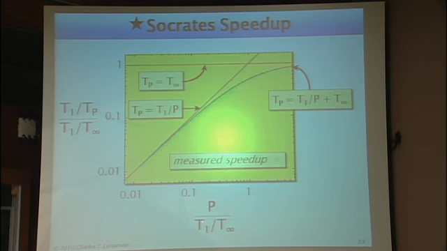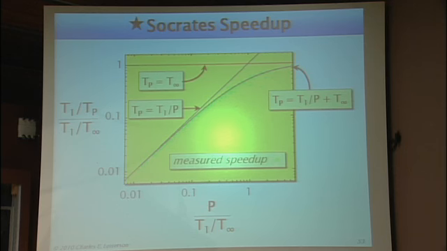So notice by normalizing, we essentially have here the inverse of the slackness. So 1 here says that I'm running on exactly the same number of processors as my parallelism. A 10th here says that I've got a slackness of 10. I'm running on 10 times fewer processors than parallelism. Out here I'm saying I've got way more processors than I have parallelism.